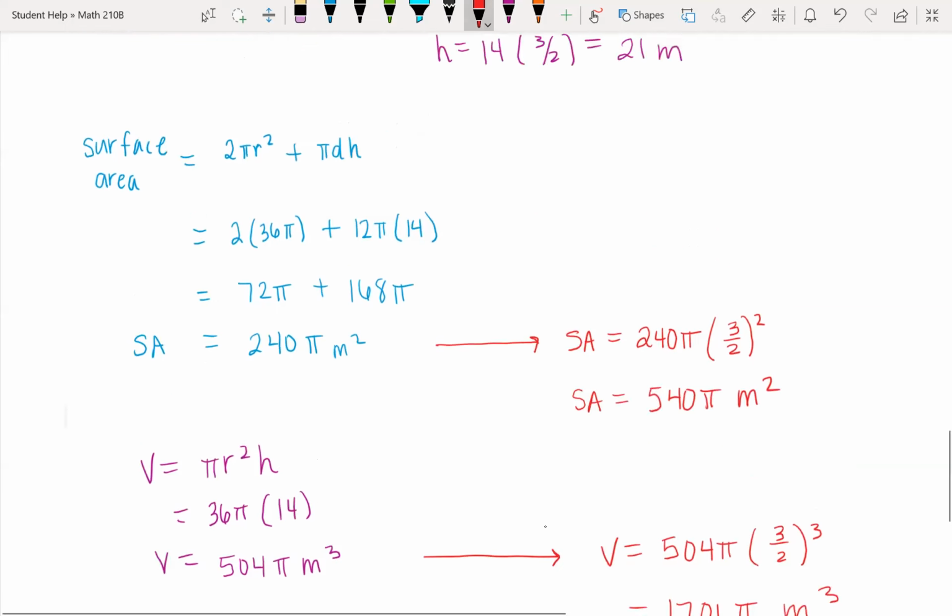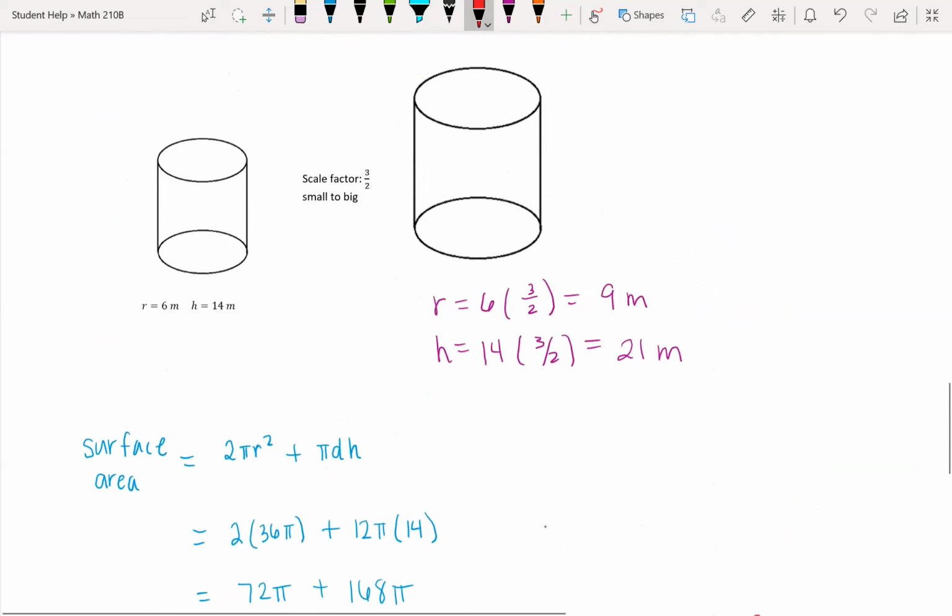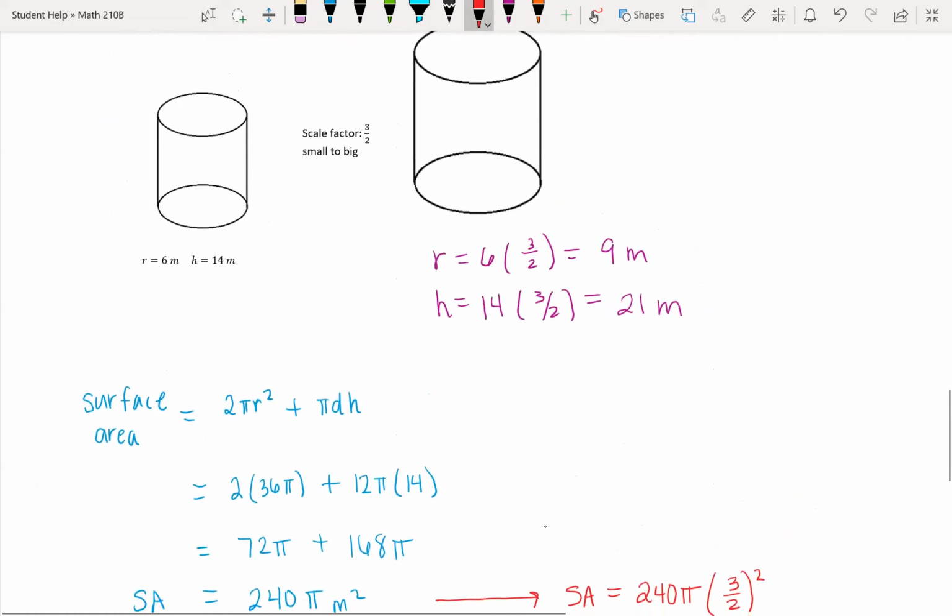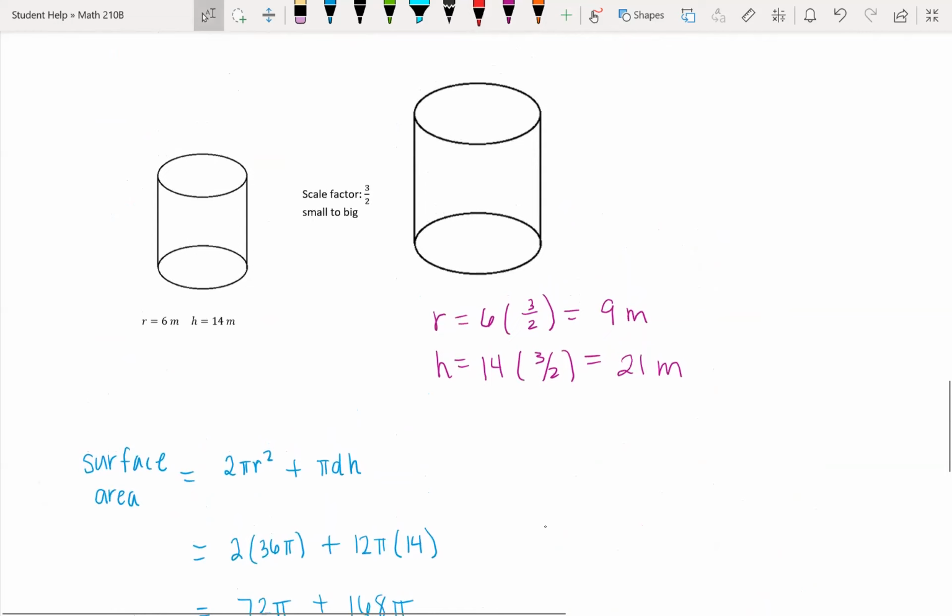So let's check our work here. I'm going to calculate the surface area of this cylinder on the right. So the surface area is 2 times pi r squared plus pi times diameter times the height. So the radius is 9.